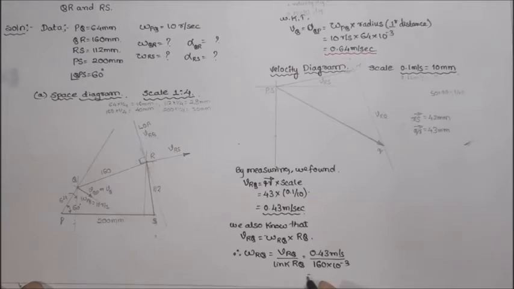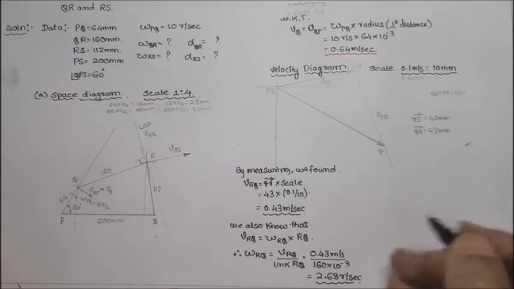So the value for this one is 2.68 radians per second.